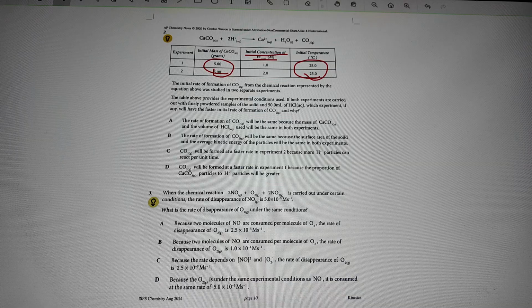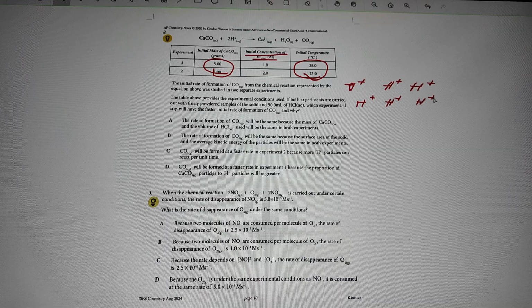Okay, so it says A, the rate of formation of CO2 will be the same because, no, okay, so if you have twice as much stuff, right, it can happen faster because there's twice as many H pluses going around. With that much more H plus around, it's much more likely that something will bump into an H plus.